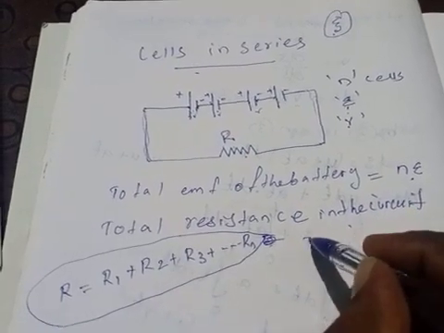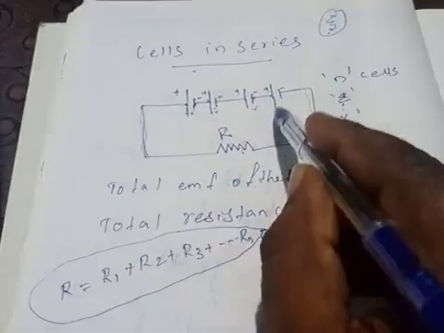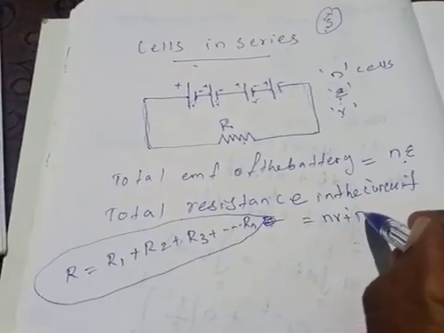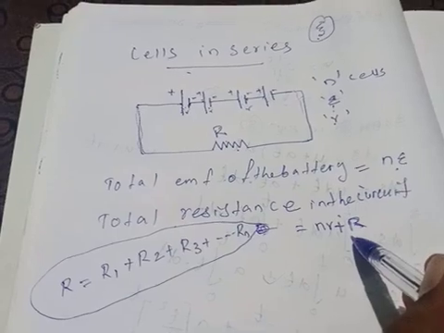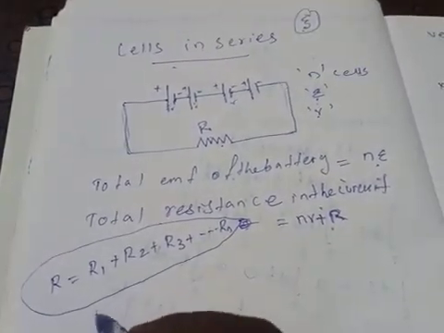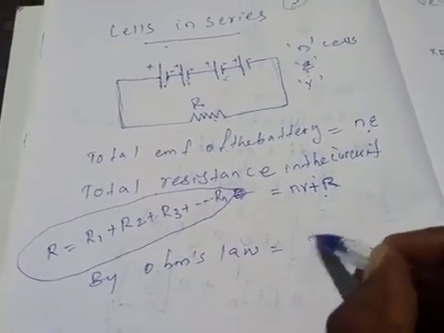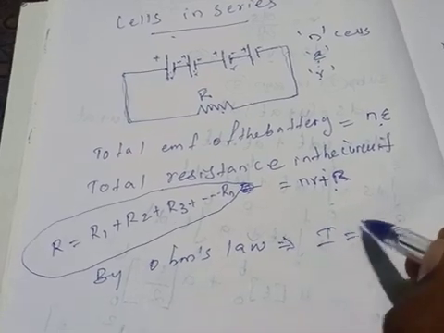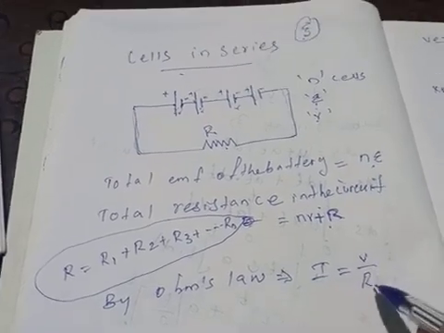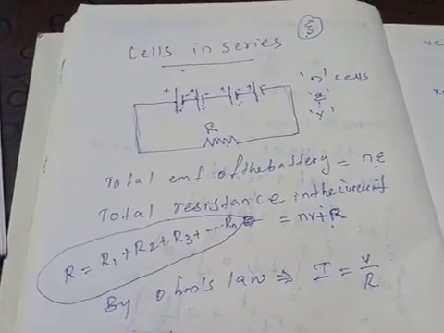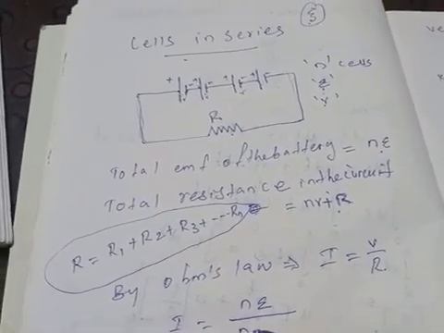So the total resistance in the circuit is nr plus R. By Ohm's law, we know that I is equal to V by R, or the total EMF of the battery divided by the total resistance in the circuit. So I is equal to n epsilon divided by nr plus R.